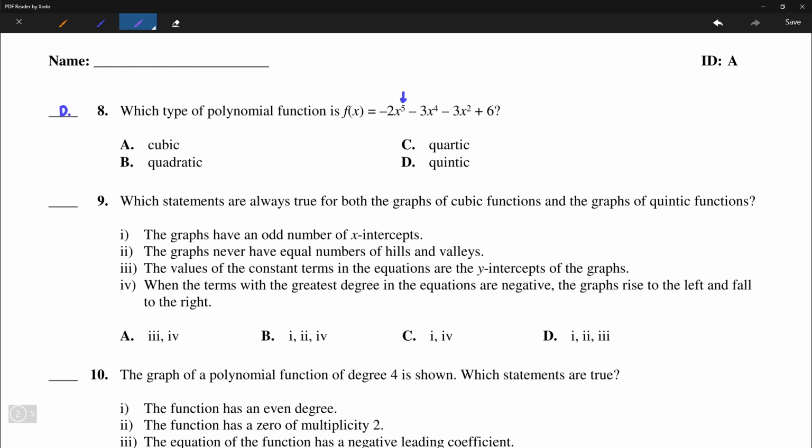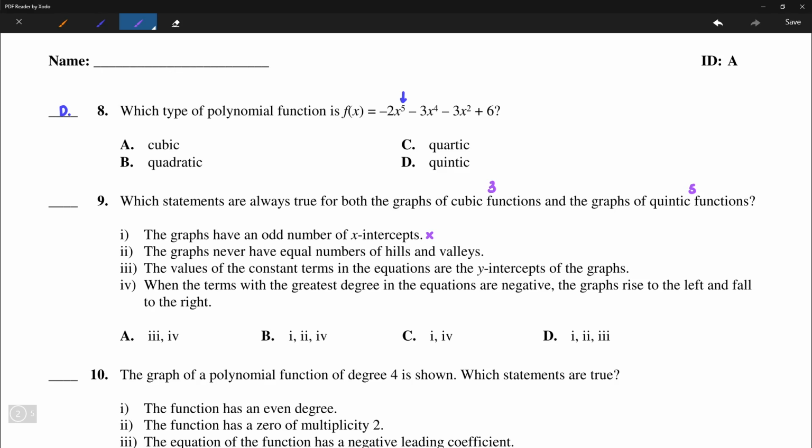Number 9. Which statement is always true for both graphs of cubic functions and graphs of quintic functions? So this will be degree 3 and 5 respectively. Odd number of x-intercepts, that is not always true. It is possible, for example, for a cubic function to have an x-intercept of multiplicity 1 and then another x-intercept of multiplicity 2.